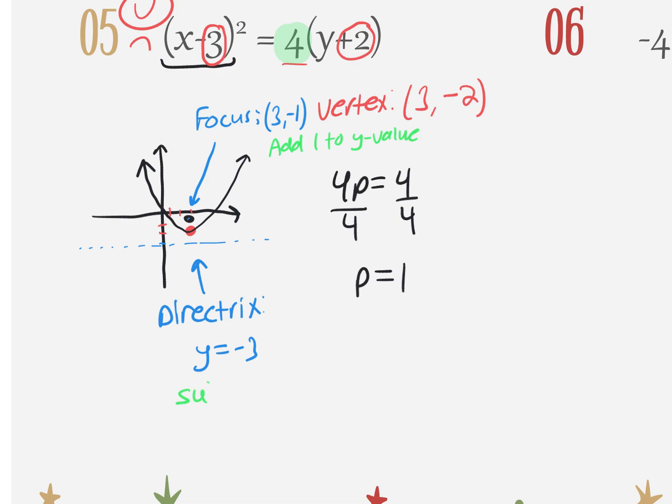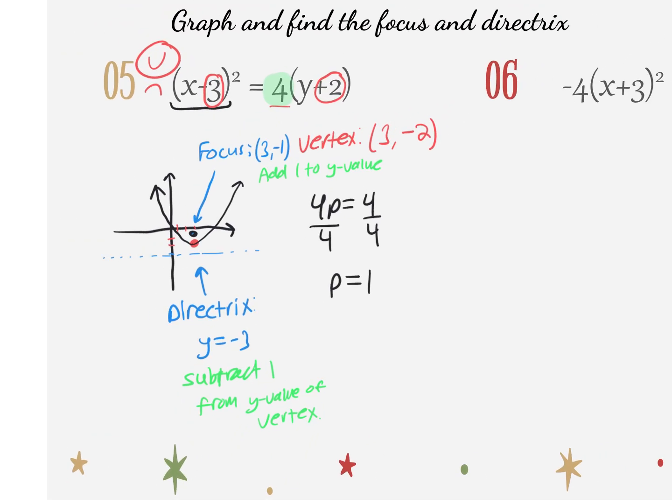Again, I'm going to subtract 1 from the y value of the vertex. Right, the more of these that you do, you're going to see there's always going to be one value that's going to stay the same, right? In this case, if it's an up-down parabola, the x value is going to stay the same, and the y value is what's going to change in terms of the focus and the directrix, all right?